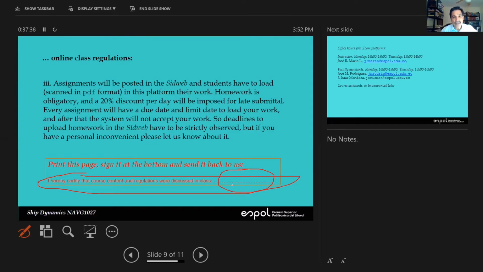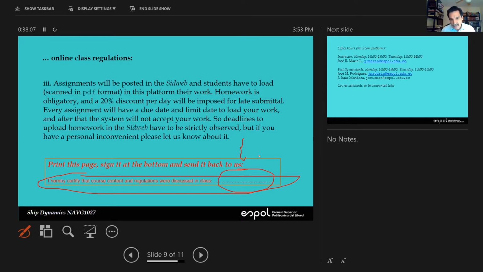If your signature is very large, there is a space above this line in the document. You can use this space for your signature. You have to handwrite your signature, and then you scan it and send it to me, okay?